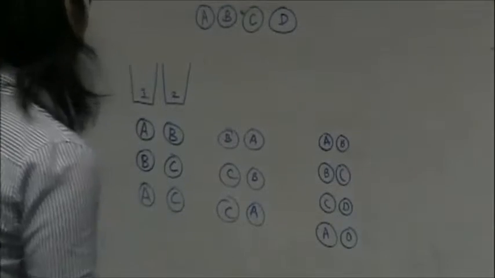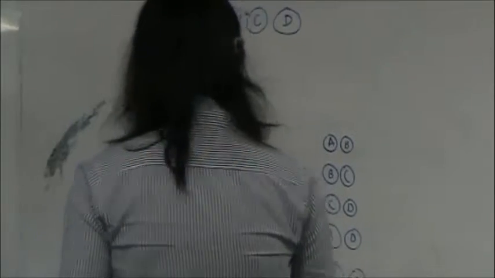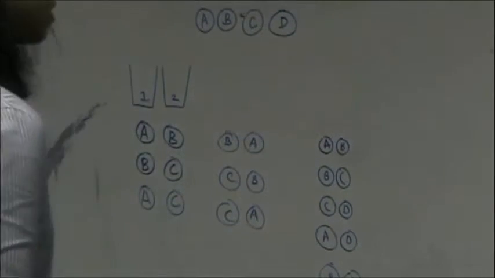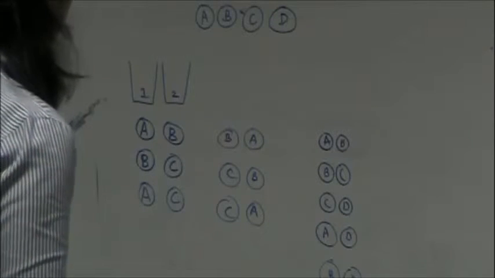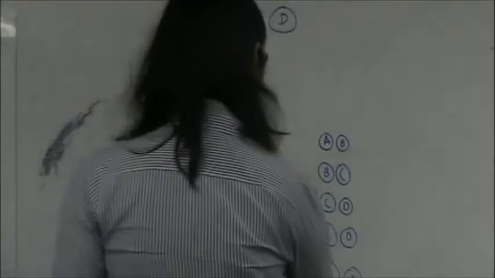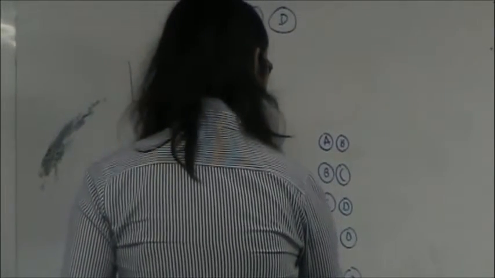Is there anything? Oh, there's another one, right? B and D. B and D, and one more. A and C. A and C, right. Yeah, A and C, because I don't have any A and C.